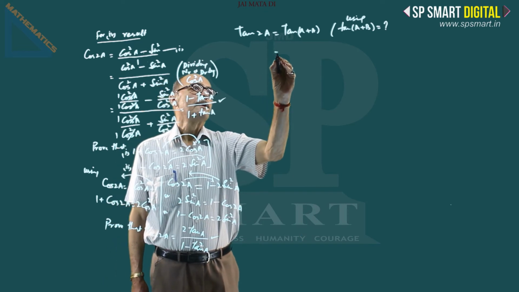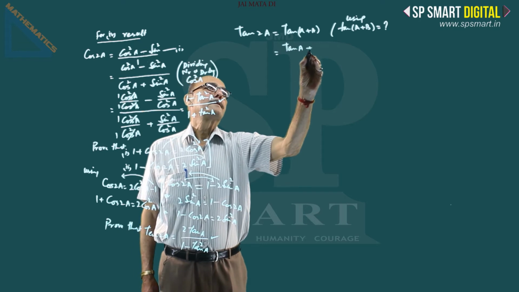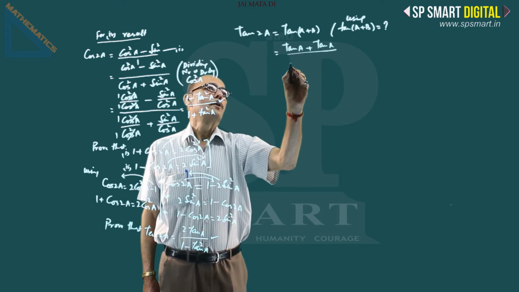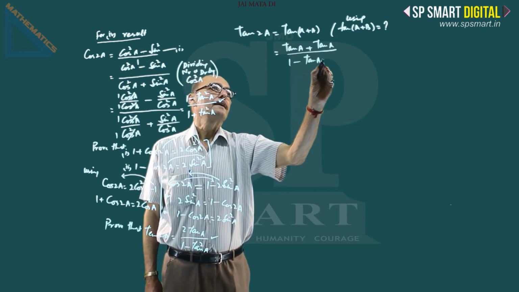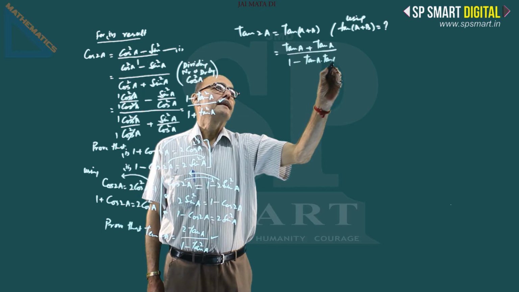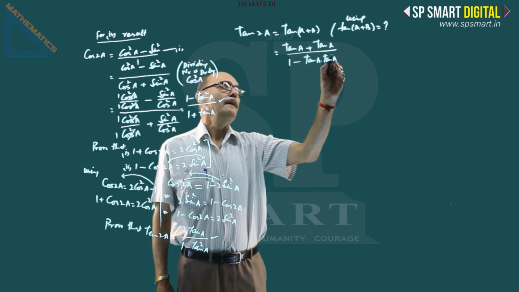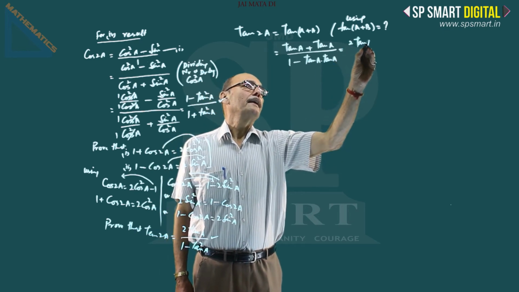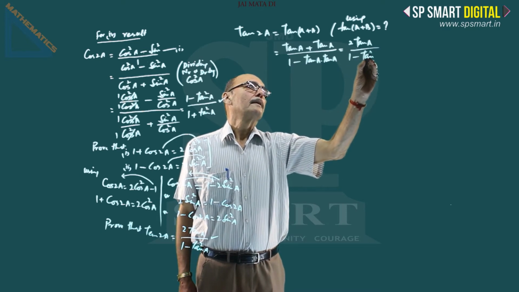So, this is tan of the first angle plus tan of the second angle upon 1 minus tan of first angle into tan of second angle. Or this is finally twice tan A upon 1 minus tan square A.